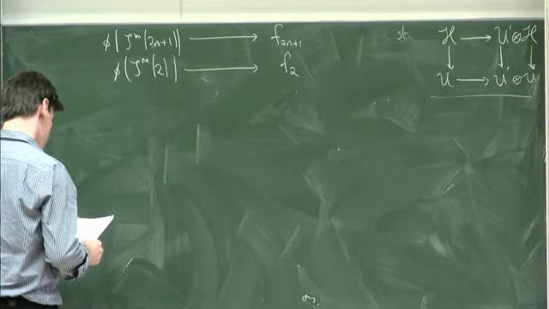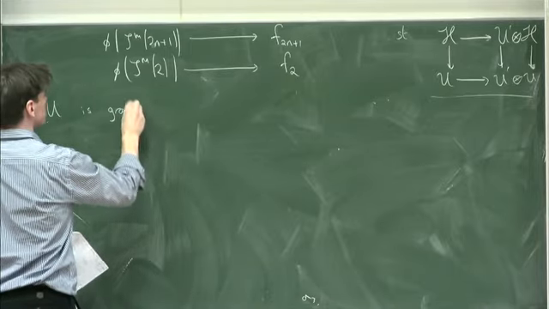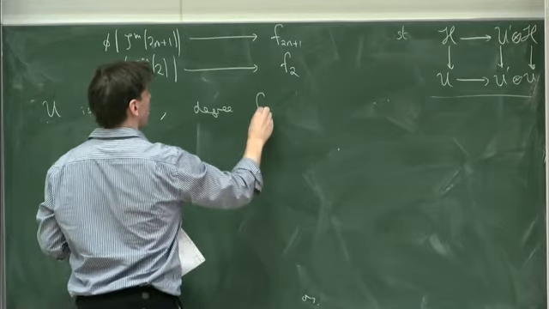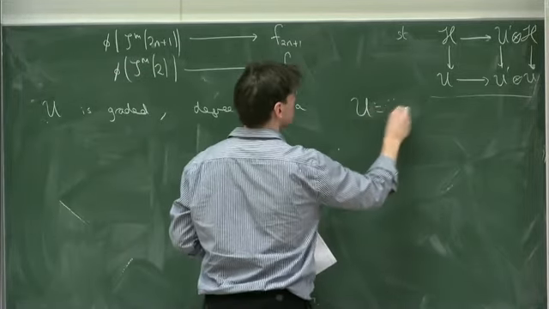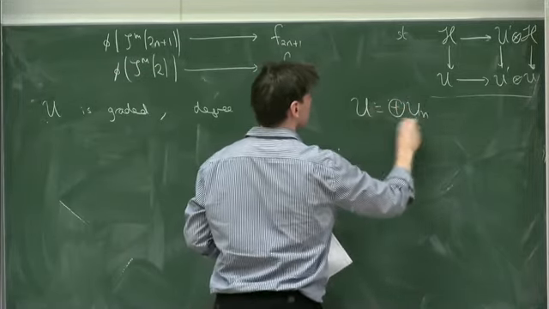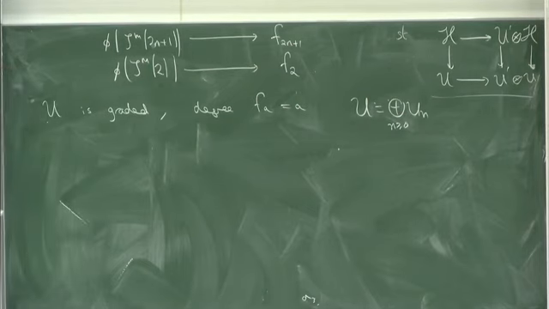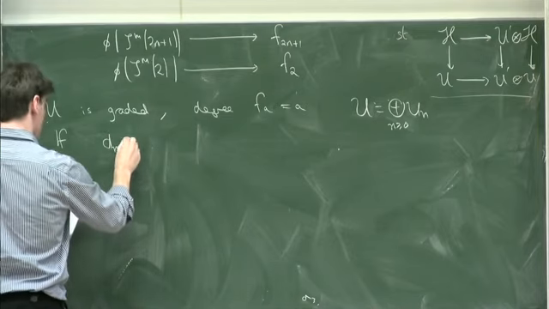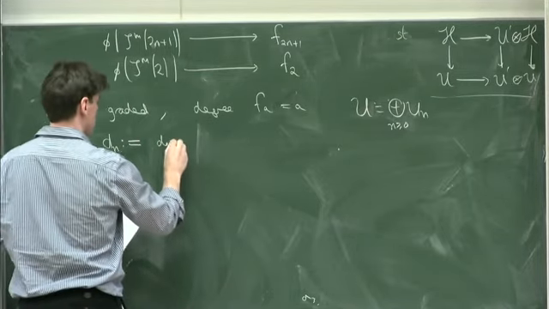Okay, so this thing U is graded. The degree of f_a is a, and so I'm going to write U as the direct sum of U_n.